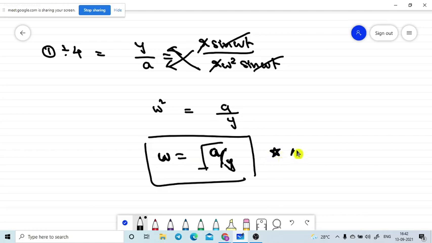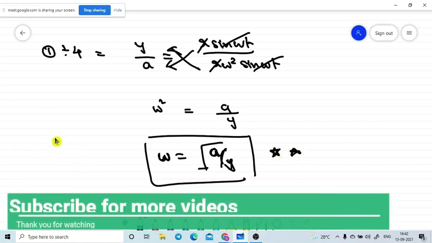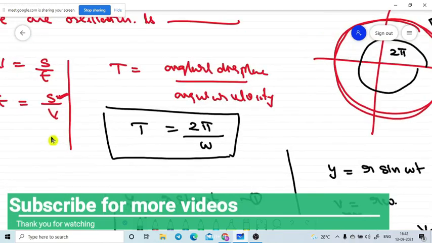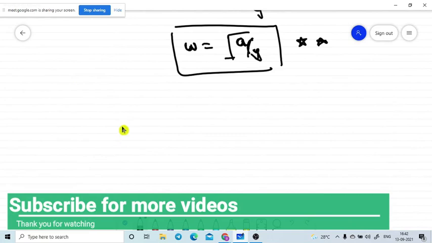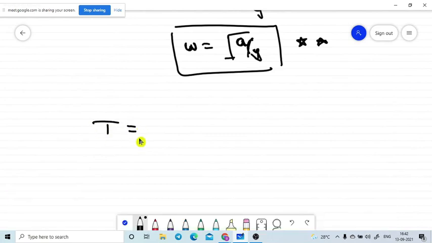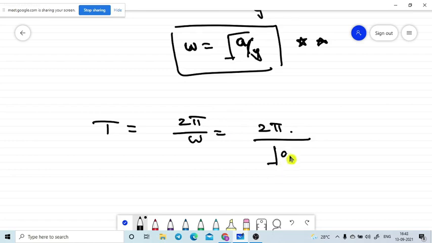Now where did we stop? T is equal to 2 pi by omega. Yes, we started with t is equal to 2 pi by omega. So the time period of the particle t is equal to 2 pi by omega. Substituting omega, 2 pi divided by square root of a by y, we can write 2 pi into square root of y by a.